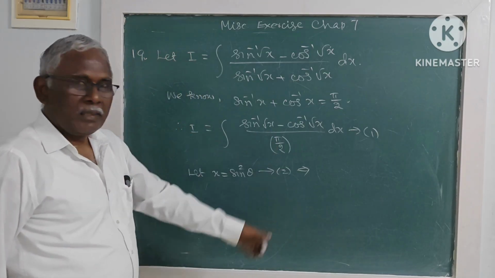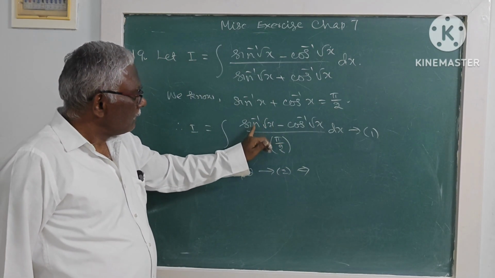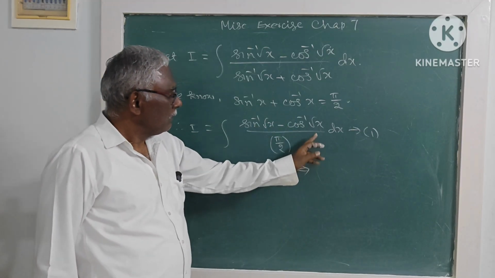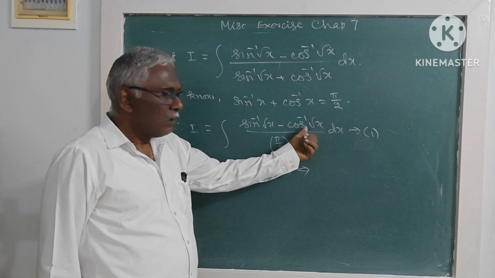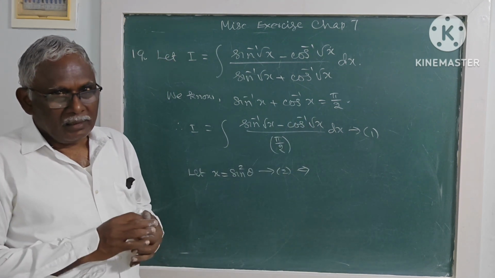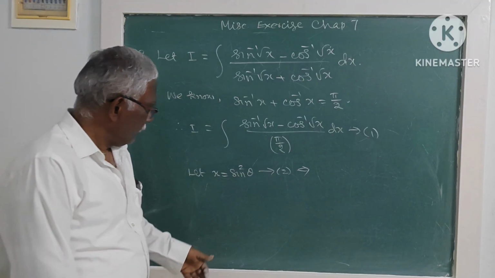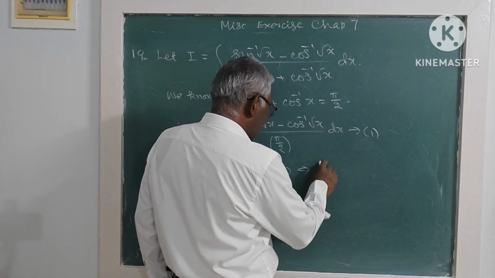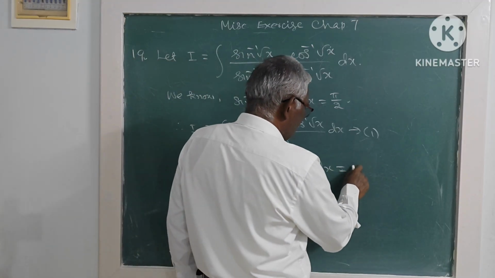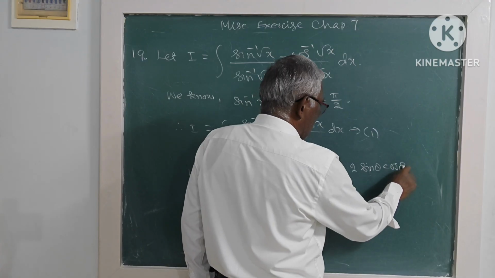Put x is sin square theta, so that the square root of sin square theta becomes sin theta. Sin inverse of sin theta becomes theta. Here cos inverse of sin theta, again sin theta we can write in terms of cos. So this gets simplified. So dx is what here? dx is 2 sin theta cos theta d theta.